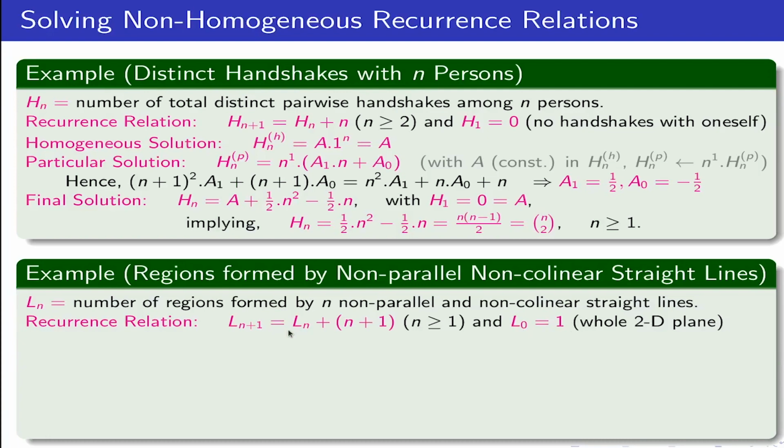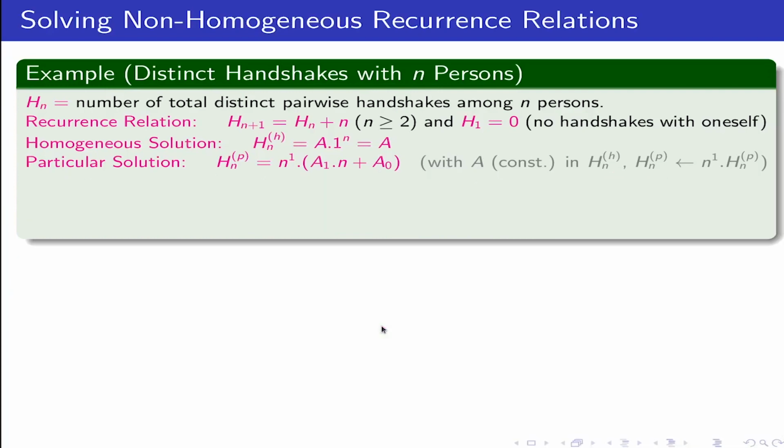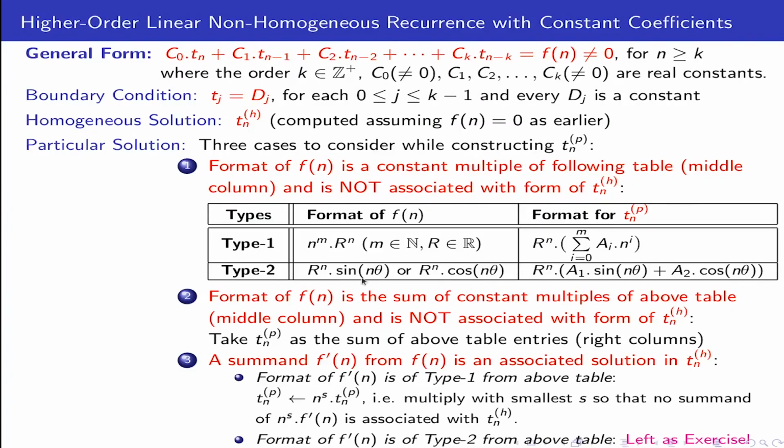So again, this is a first order non-homogeneous recurrence, right? So again, we will invoke our previous table, but here you see my function has n and has a constant. So in my table, if there are two counterparts of the function, let us go back and see again. This type 2, that Fn is a sum of constant multiples of the above table.